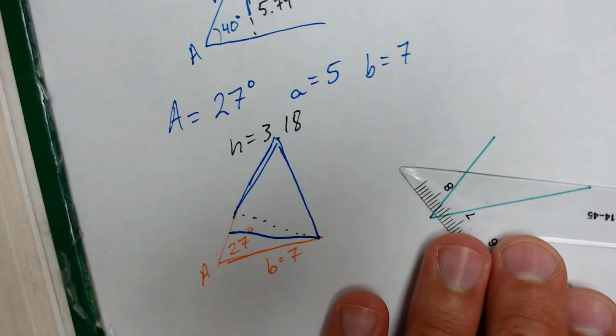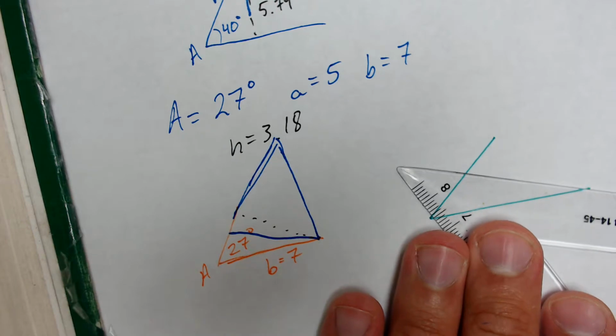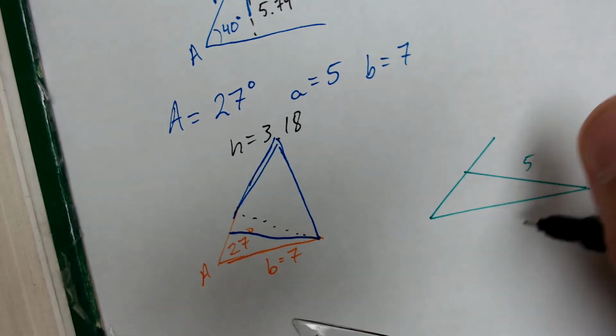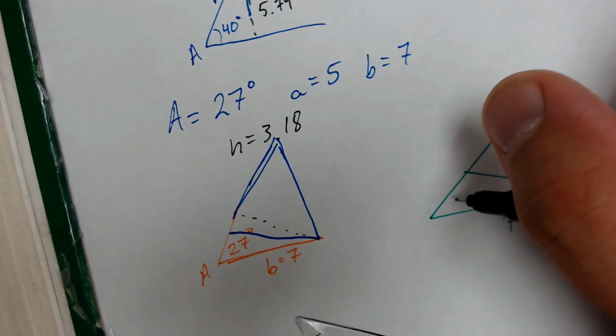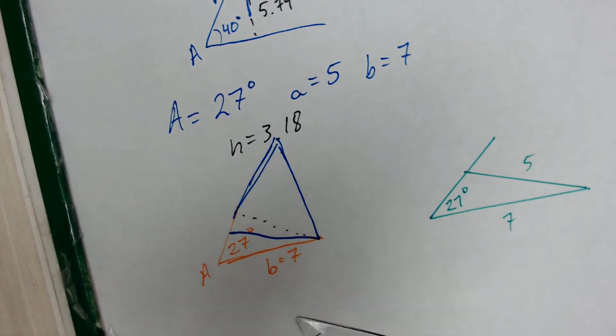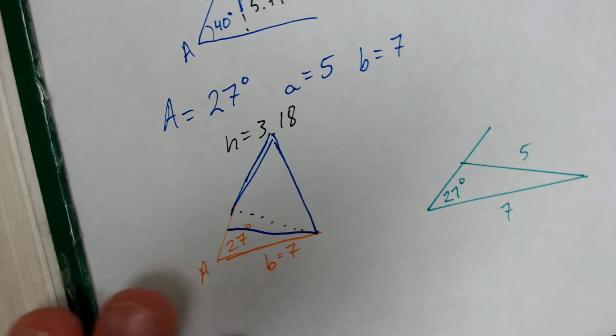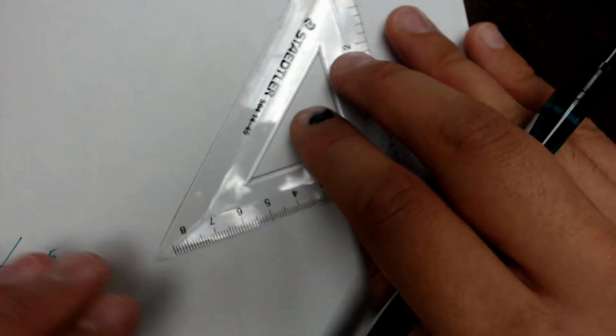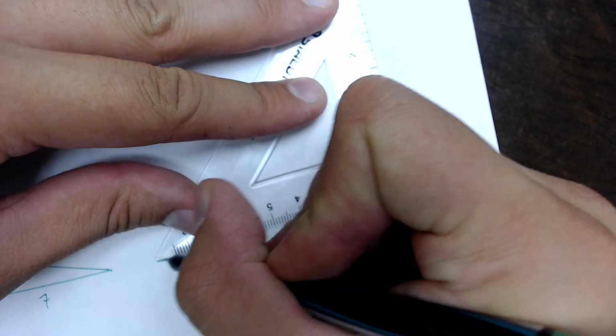Alright, so let's say the length of 5 slants in. We would have something that looks like this. So this would be 5, this would be 7, this would be 27 degrees. That's one of our triangles. And the other one looks like this.